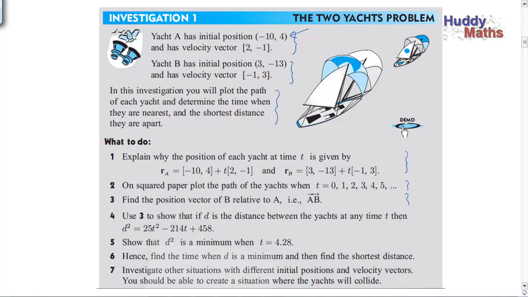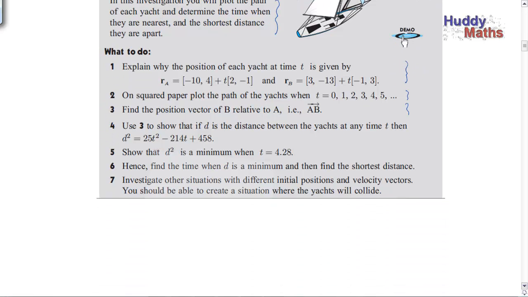There are 7 parts there, so see what you think. I'm going to now show you the answers. It's very important that, even if you feel confident with the work, you do watch what I'm doing and listen to the ideas. Okay, here we go. Let's have a look at it.